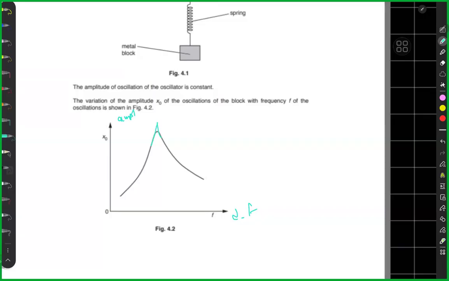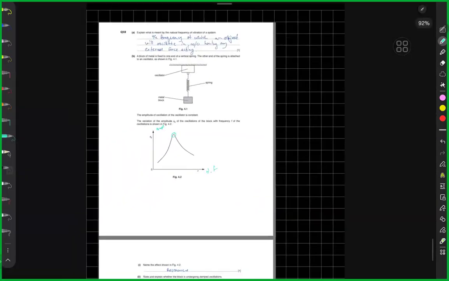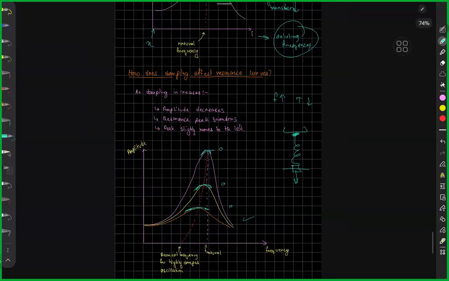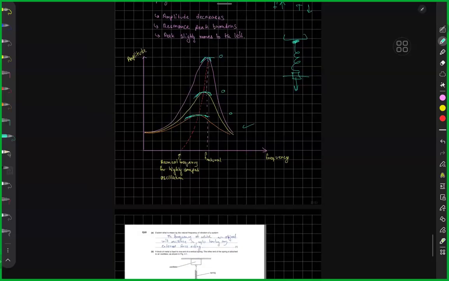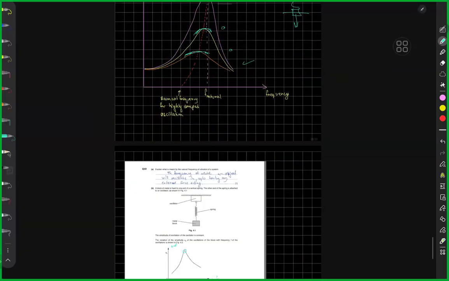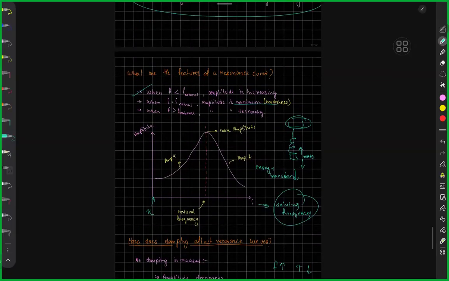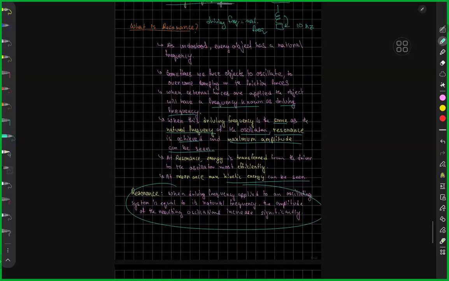So whenever you see a sharp peak, that means there's no damping. Whenever you see somewhat of a blunt peak, that means damping has been introduced, right? Again, as more and more damping is introduced, the peaks become shallower. That is the difference with respect to each of the damping case scenarios. That is one of the questions. And otherwise, you have covered the entire oscillation chapter.